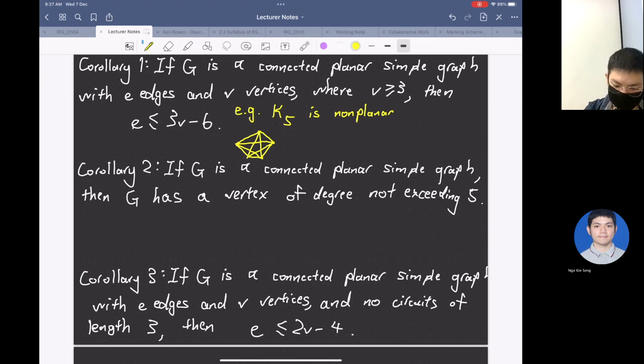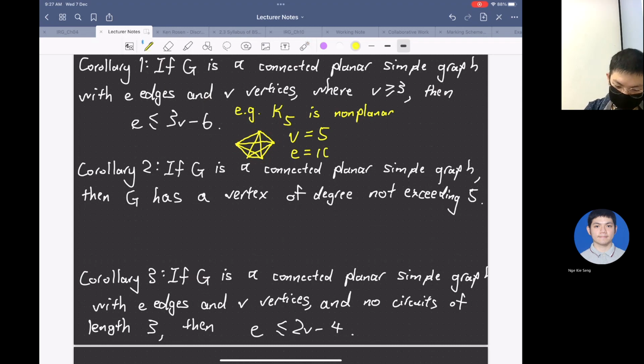What's the number of V of K5? 5. What's the number of E? 1, 2, 3, 4, 5, 6, 7, 8, 9, 10. So 10.